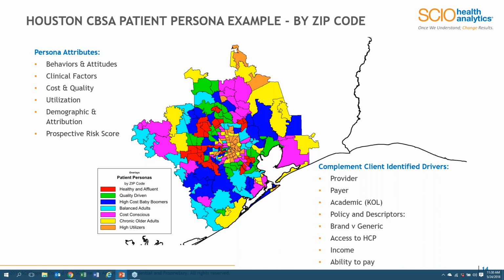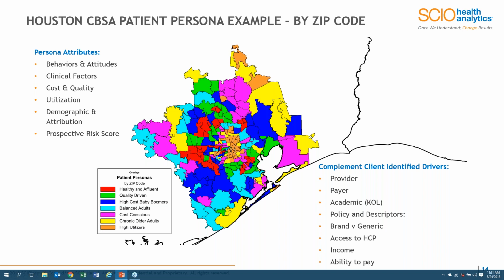So this, again, similar to the previous map, each color represents the predominant persona types by zip code. So we can see the orange users or the high utilizers there, in the center of the Houston CBSA area, for example, and the healthy and affluent persona types predominantly surrounding in the outer metro area, if you will.